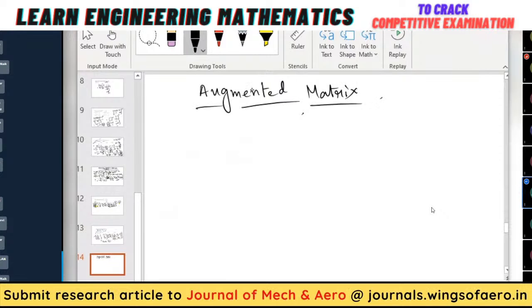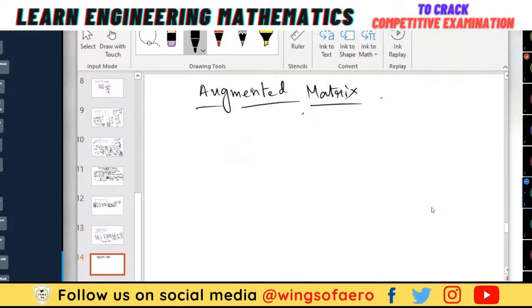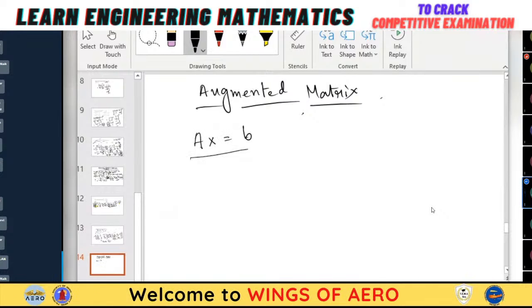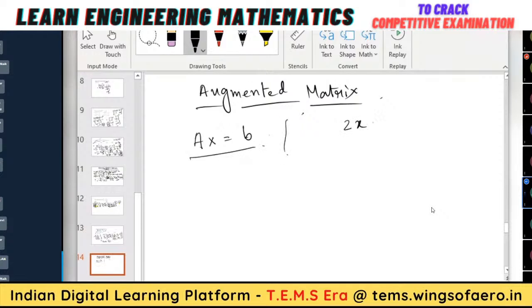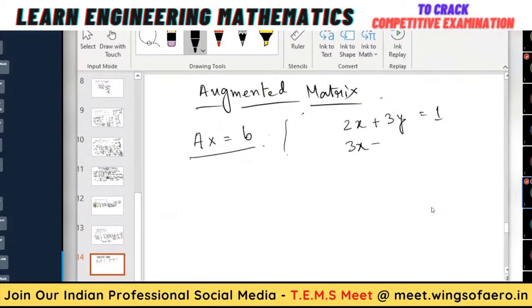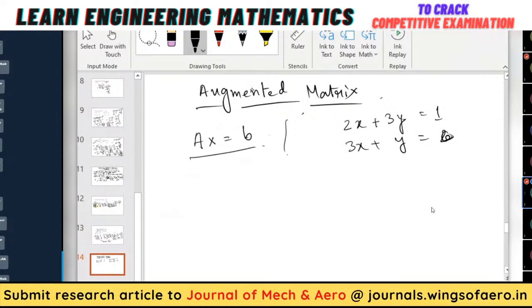Augmented matrix. First of all, any system of linear equations can be expressed as AX = B. I'm just explaining it. Suppose 2x plus 3y is equal to 1, and 3x plus y is equal to 1/2, like this.